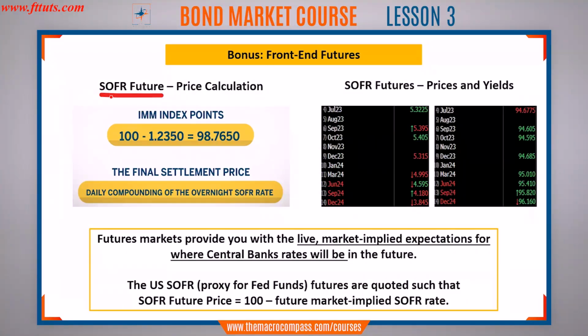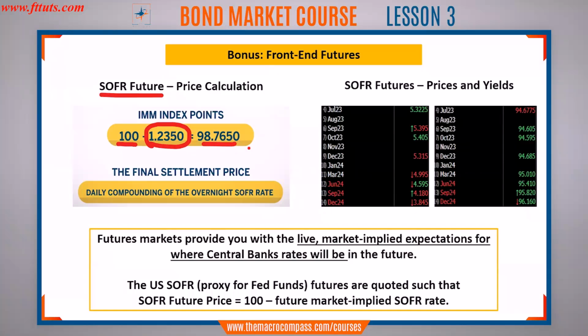SOFR futures are very useful and very intuitive to track because they provide you with a live market implied expectation for where risk-free rates will be in the future. A SOFR future is quoted in price points, as 100 minus the future risk-free rate, and that is the price of the future.